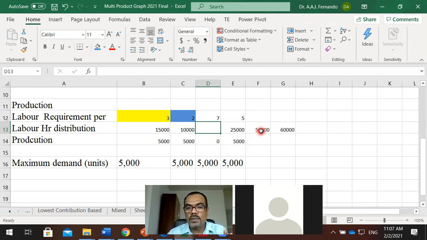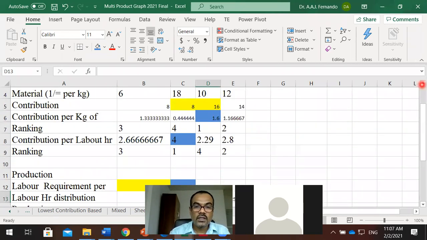Finally, it should be limited to 110,000. If the total material requirement is more than 110,000 when you produce 5,000 each, you need to stop. So most probably product X may not be produced, or only a little amount of product X may be produced. I didn't work it out.